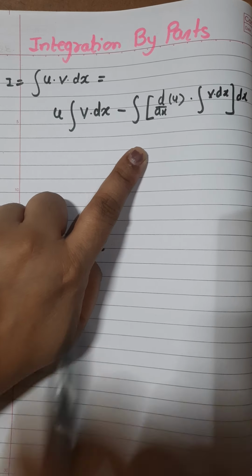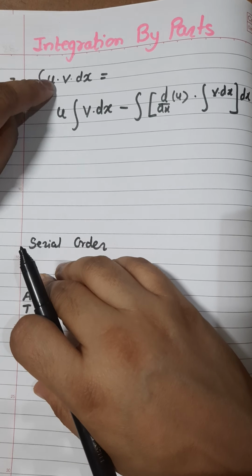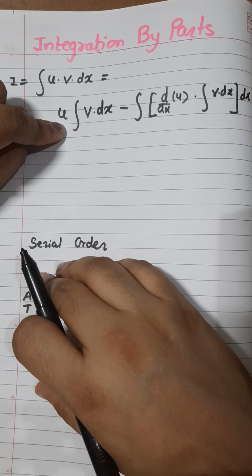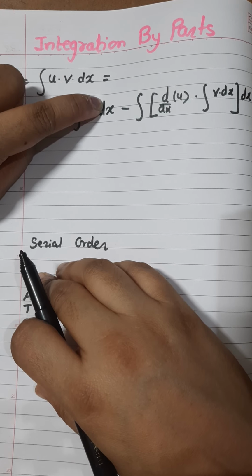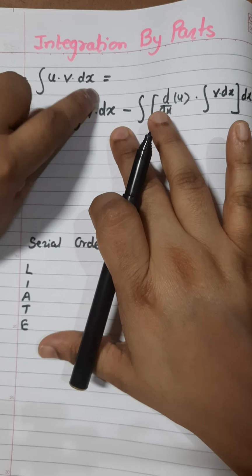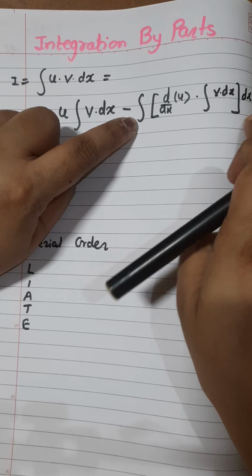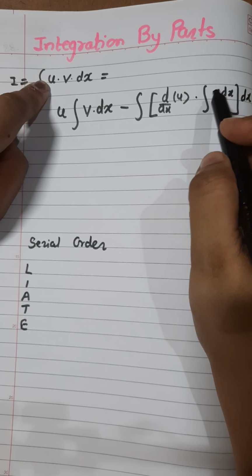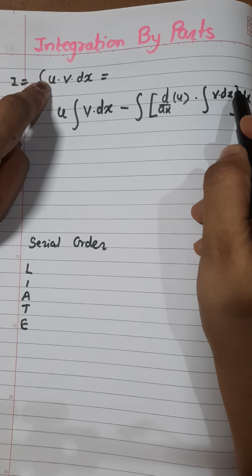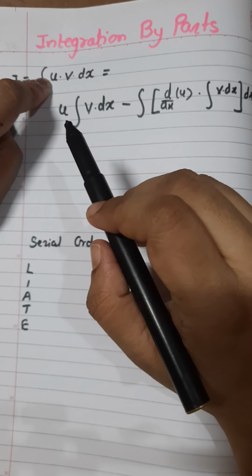Okay, so what you can observe here is that the first function u is kept as it is in the formula, then the integration of the second function with respect to dx, minus the whole integration of this bracket dx, and inside the bracket we have the derivative of first function u into integration of v dx. Okay, so you have to keep on solving till you get the final answer.